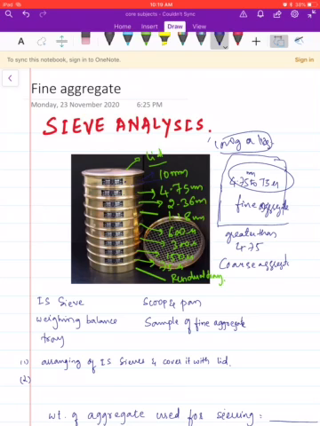After pouring the soil sample into the 10 mm sieve, we close the lid.